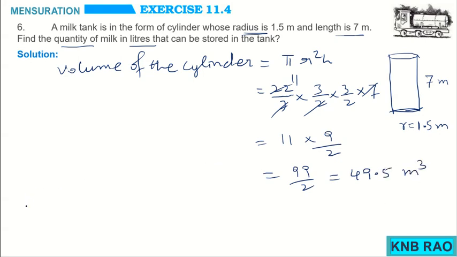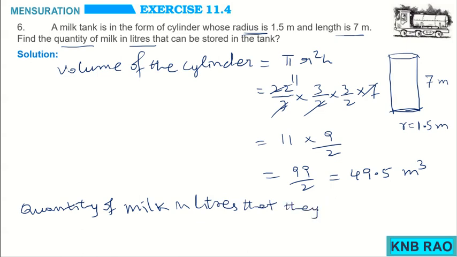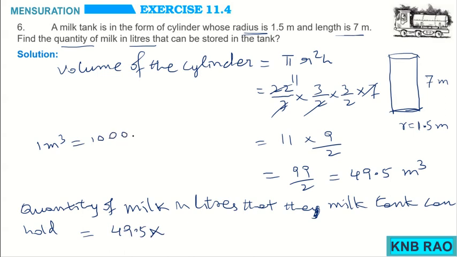This is the volume. But if I want to find the quantity of milk in liters that the milk tank can hold, it is 49.5 into, 1 meter cube is 1000 liters.